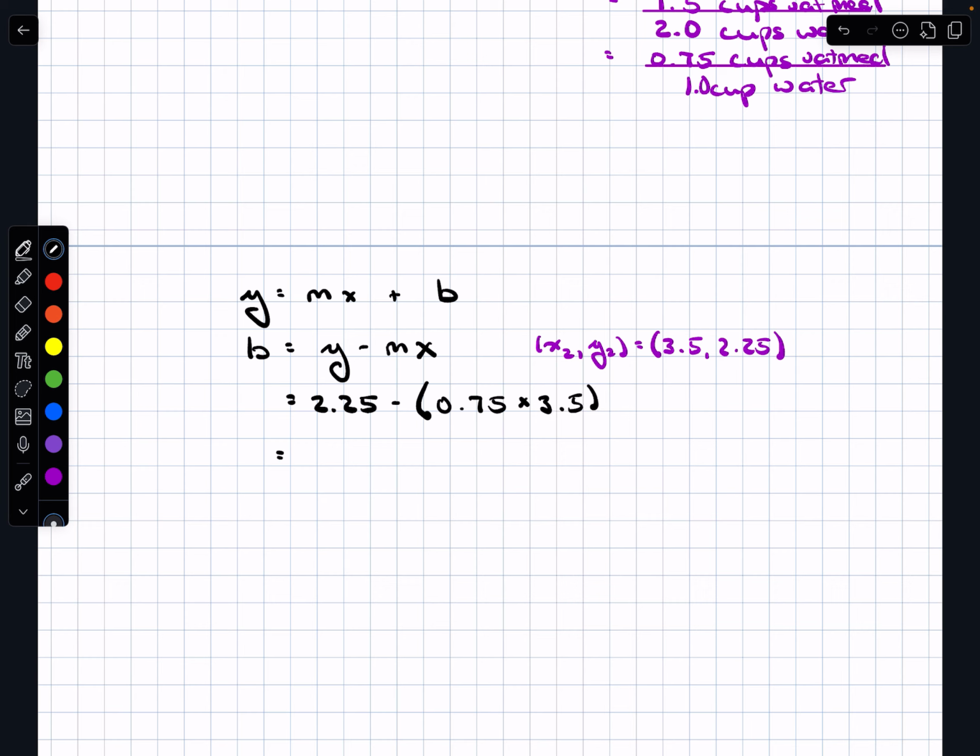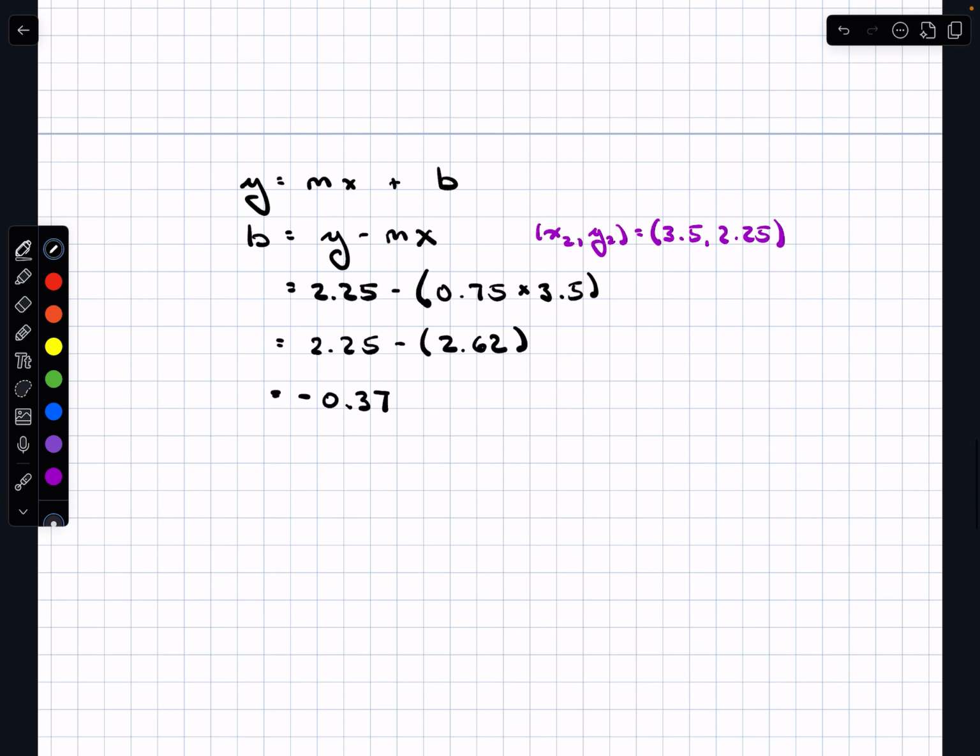If we do that, you've got 2.25 minus what's in here, so 0.75 times 3.5 is 2.62. And we've got 2.25 minus 2.62, which is negative 0.37.